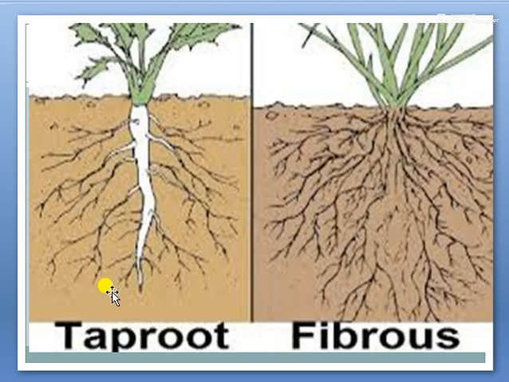Look into this diagram. This diagram is of taproot. This central root is called the main root, and these smaller sidewise roots are known as the lateral roots. So in taproot, one main root is present and small lateral roots are present. But in case of fibrous root, there is no main root, and thus all these roots appear similar.